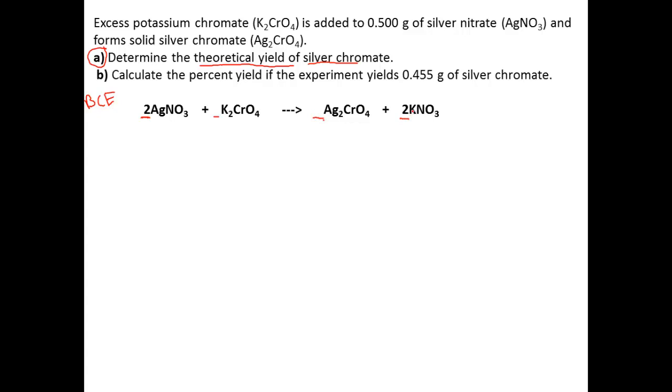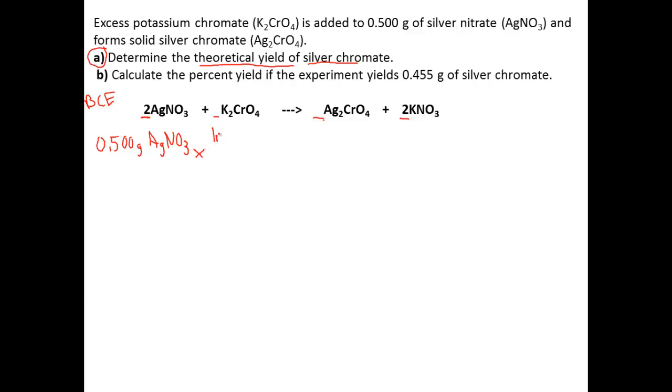So to start us out, we started out with 0.5 grams of silver nitrate. Now from here we need to go from grams to moles.